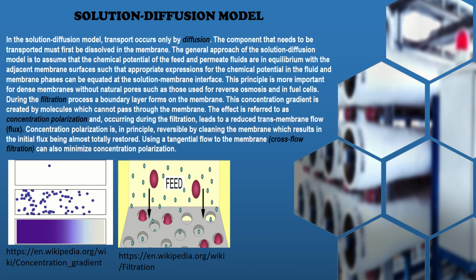Using a tangential flow to the membrane, that is a cross-flow filtration, can also minimize concentration polarization. This video here is showing the concentration gradient, and then this is filtration, just for us to understand and assimilate what I'm talking about.